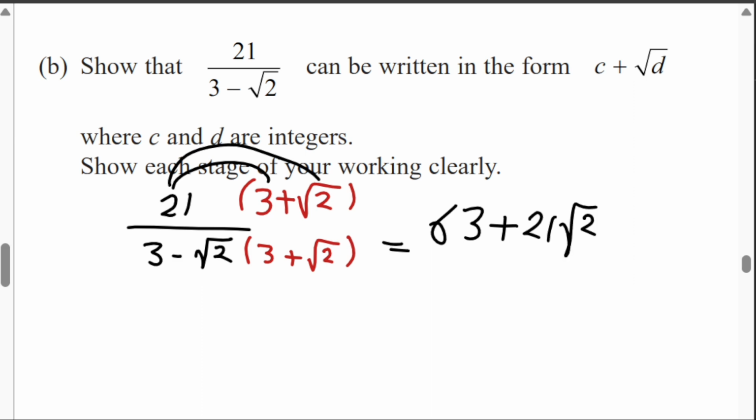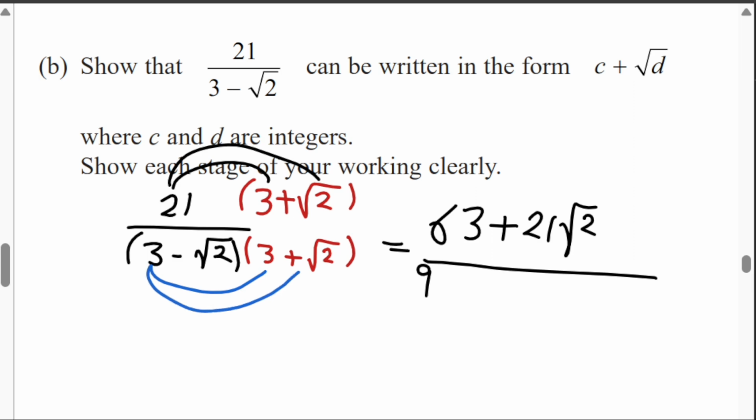That's good. Now, the denominator is 2 brackets multiplied together. So we do FOIL. 3 times 3 is 9. And then 3 times root 2 is 3 root 2. We finished with the 3. Now, root 2 times 3 is 3 root 2, but there is a negative sign, so it's going to be minus 3 root 2.